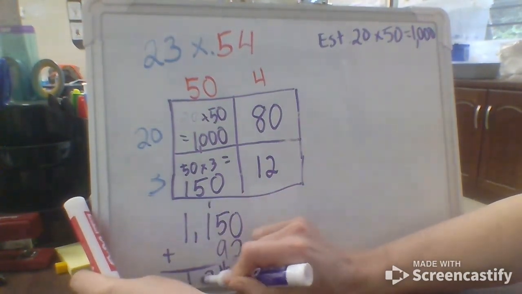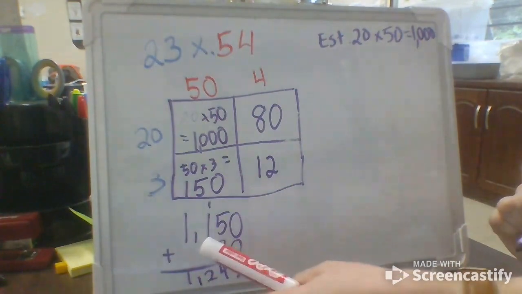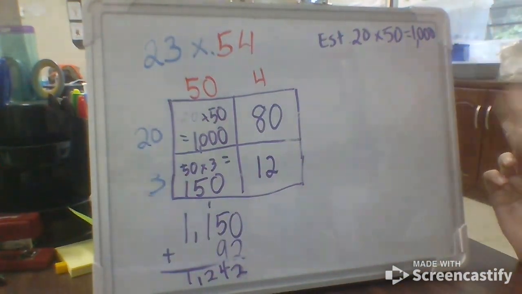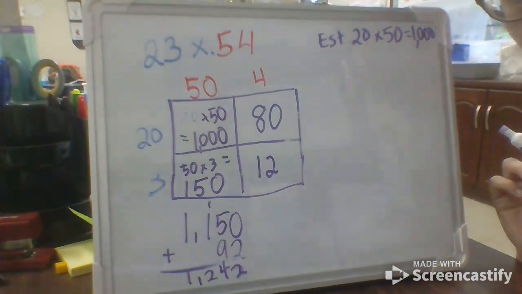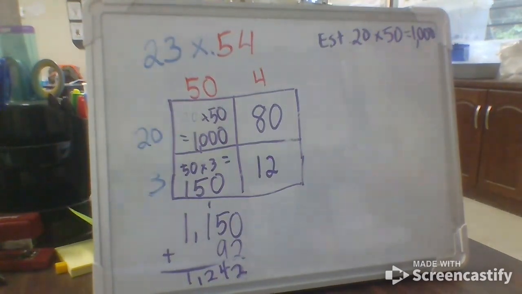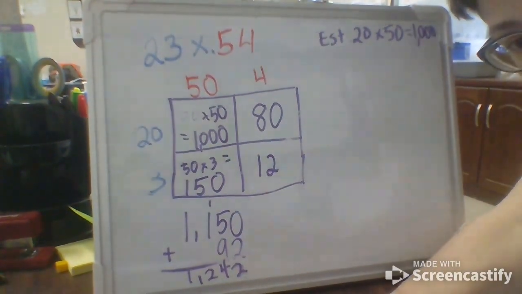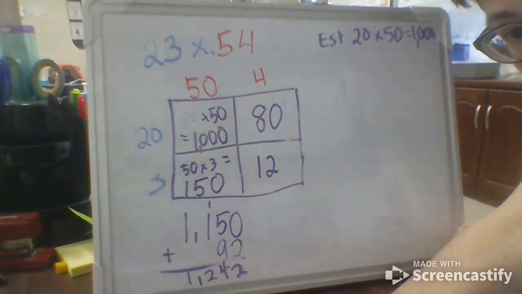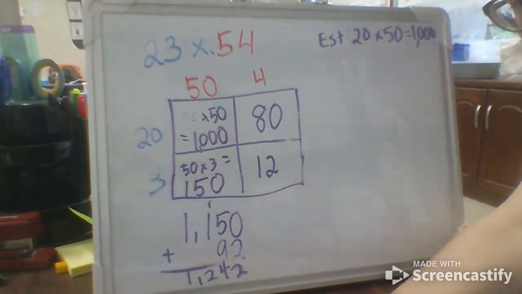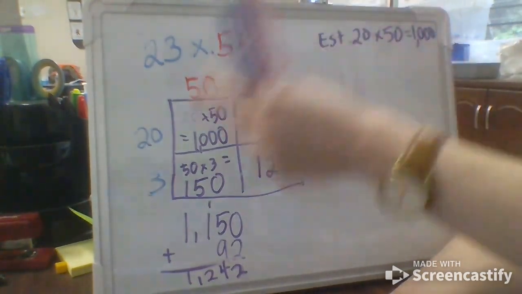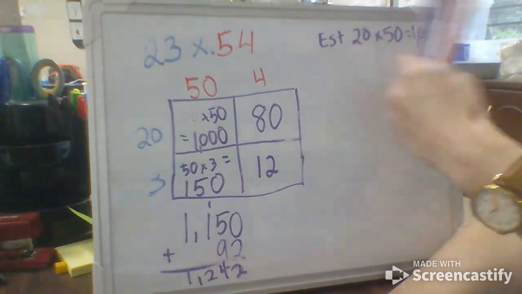Regrouping, 1,242. Now, am I in the right ballpark? Yeah, I'm pretty close to my estimate. Now, in the next part of this video, I'm going to show you how you can do the same problem without drawing all the boxes.